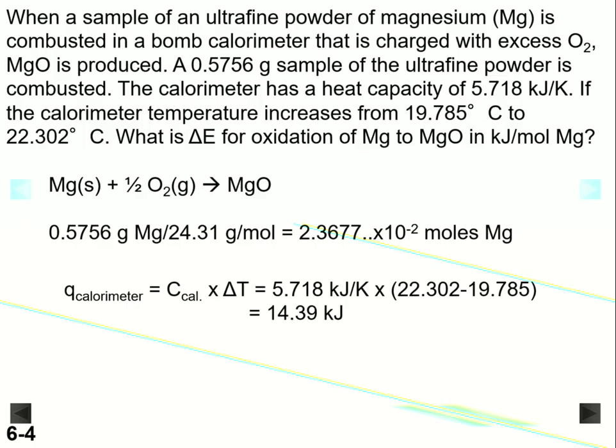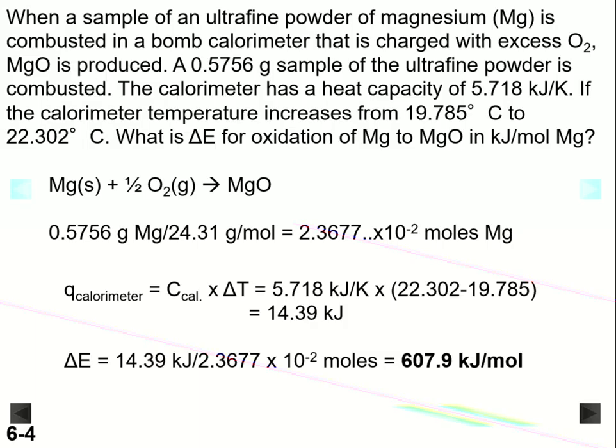So we take our heat capacity, 5.718 kilojoules per Kelvin, multiply by the temperature differential, and we see that the calorimeter absorbs 14.39 kilojoules during this process. So our system, the magnesium, which burns to form magnesium oxide, is releasing 14.39 kilojoules.